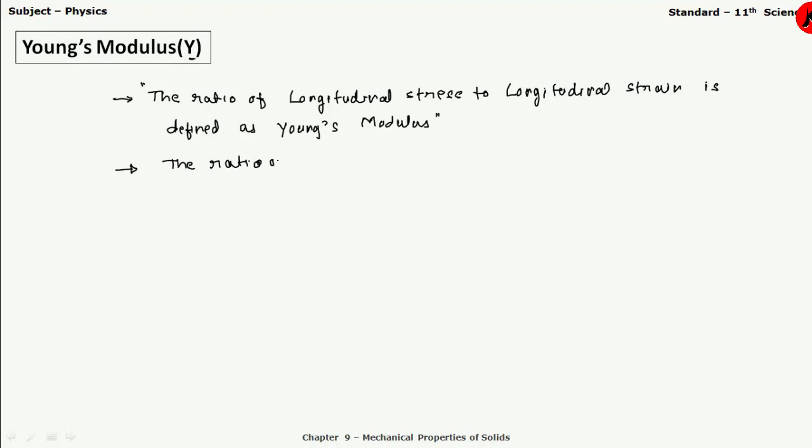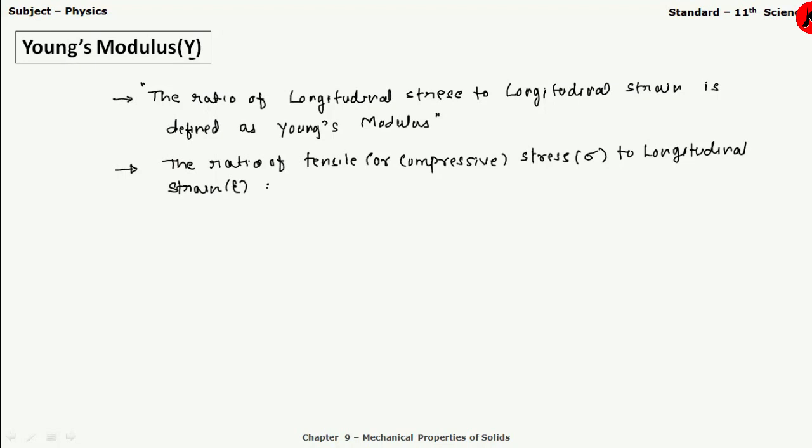So we can also write: the ratio of tensile or compressive stress to longitudinal strain is defined as Young's modulus.